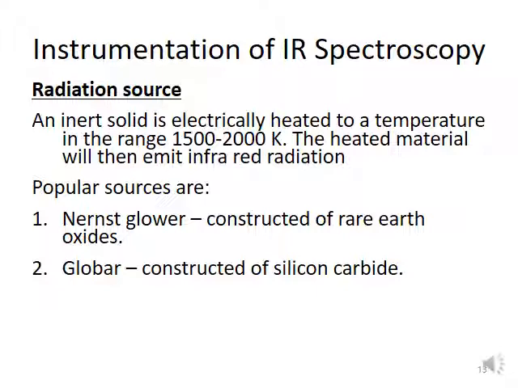Now we go for the radiation source. For the infrared radiation source, we basically use an inert solid, which is very stable at high temperature. It is heated in the range of 1500 until 2000 Kelvin, and the heated material will then emit infrared radiation.